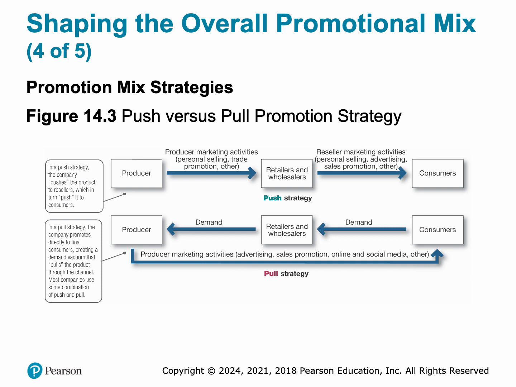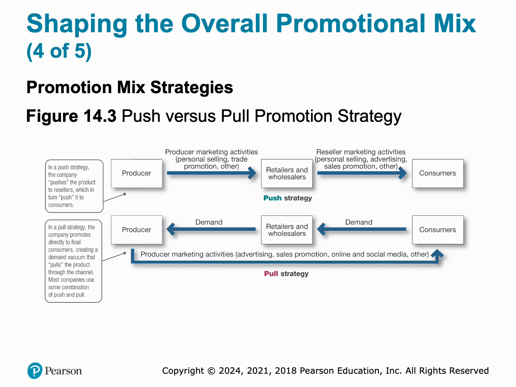A push strategy, as you can see here, involves pushing the product through marketing channels to final consumers. The producer directs its marketing activities, primarily personal selling and trade promotion, towards channel members to induce them to carry the product and promote it to final consumers.